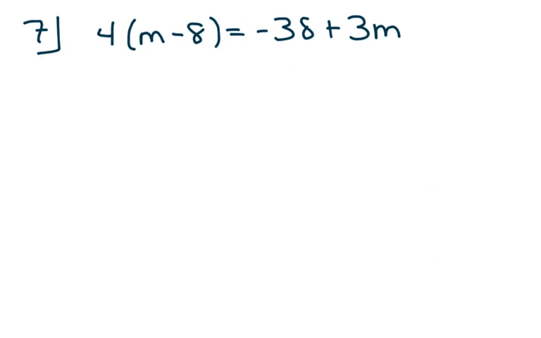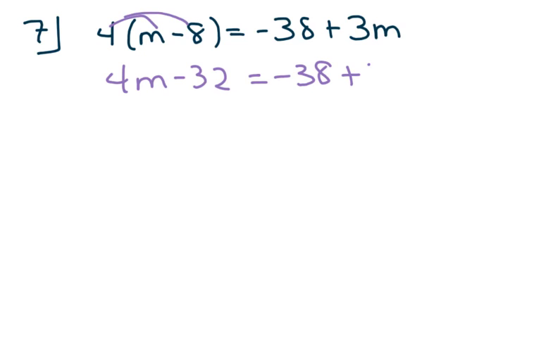Okay, the next one, I'm going to distribute. 4m minus 32 equals negative 38 plus 3m. I'm going to do PEMDAS backwards. First thing I'm going to do is go ahead and leave my m on the left side. So I'm going to add 32 to both sides.